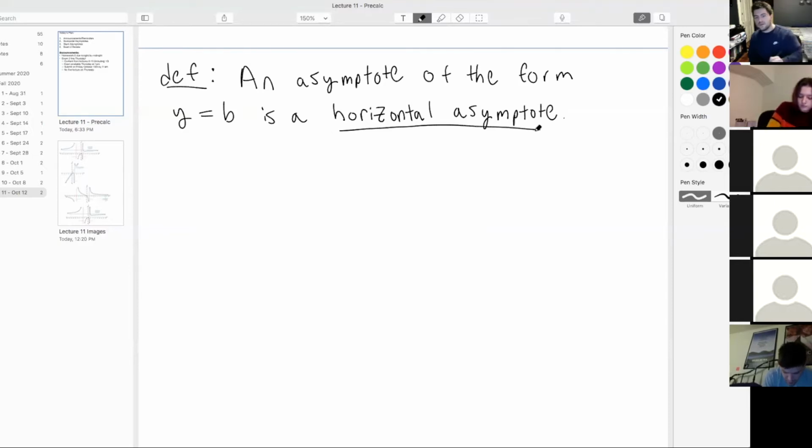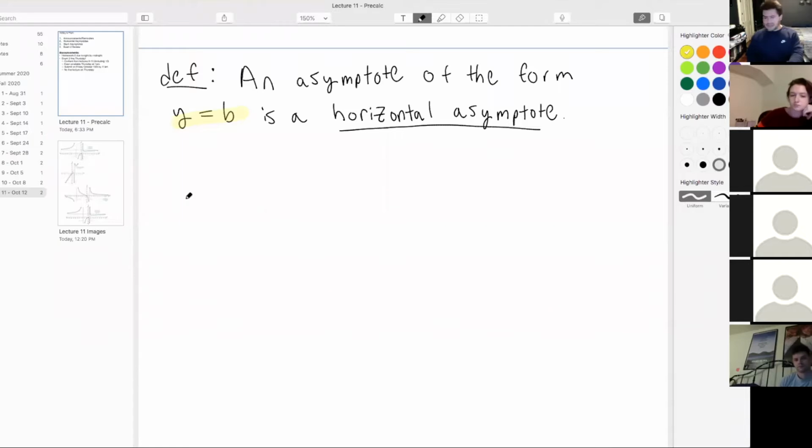Recall from our discussion about horizontal and vertical lines, y equals b is the form of a horizontal line. Remember, an asymptote is a line, and a horizontal asymptote is just an asymptote that is a horizontal line. All right, so that's not too tricky of a definition.